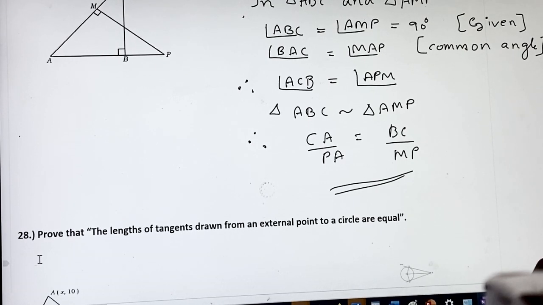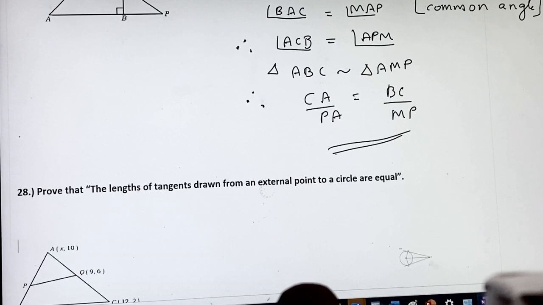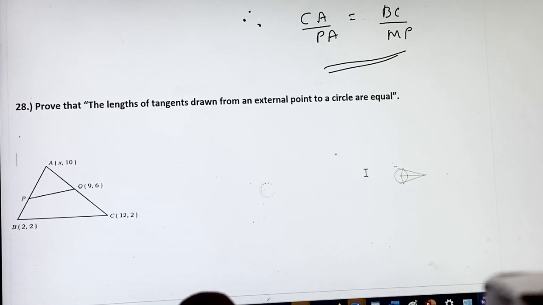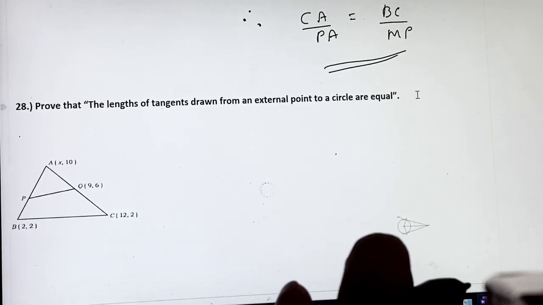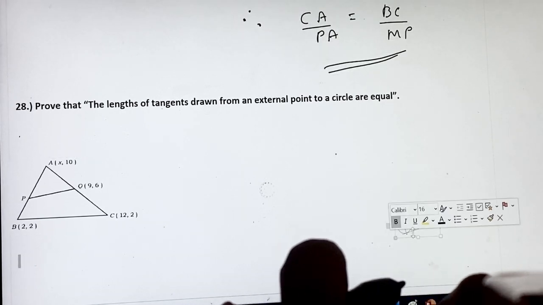Prove that the length of the tangents drawn from an external point to a circle are equal.